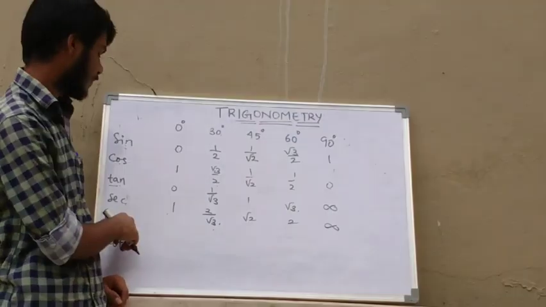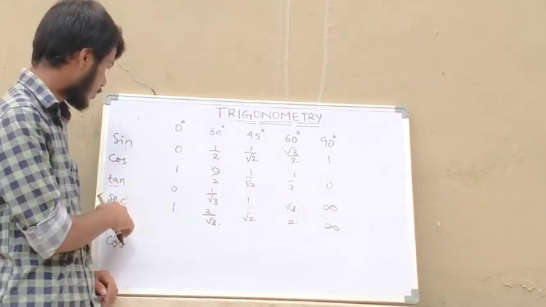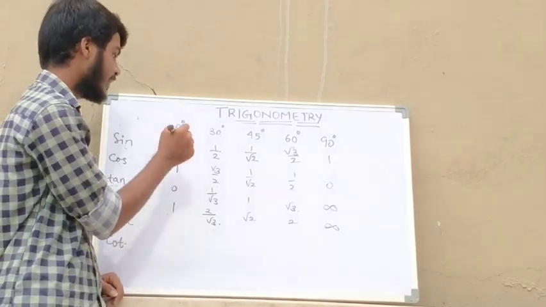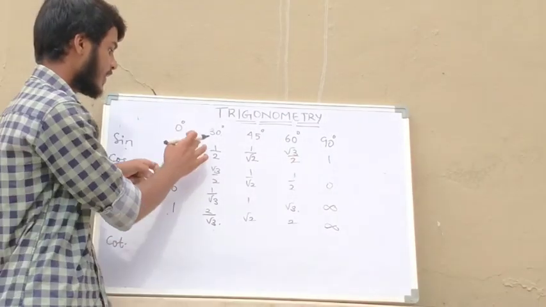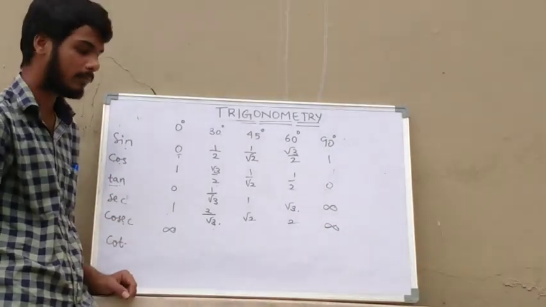Comes to the cosecant. Cosecant is the reciprocal of sine. Cosecant equals 1 by sine. So cosecant 0 equals 1 by sine 0, which is 1 by 0, not defined again.